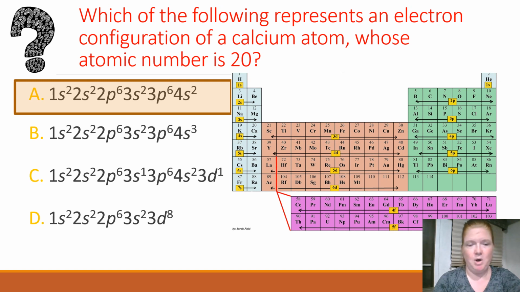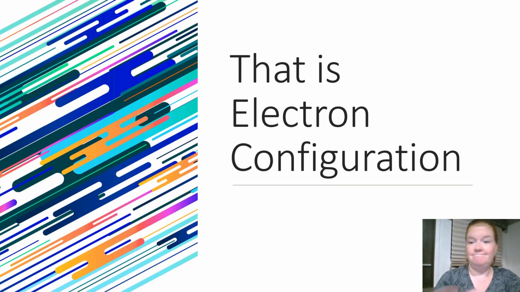Also see right here, 3s should be filled with 2 before I put anything over here, okay? And this does not have 20. So there you have it. That's probably the toughest question, and you probably won't even really see it on the periodic table except to be looking for total numbers of electrons. Okay, so I hope that you learned something new today.